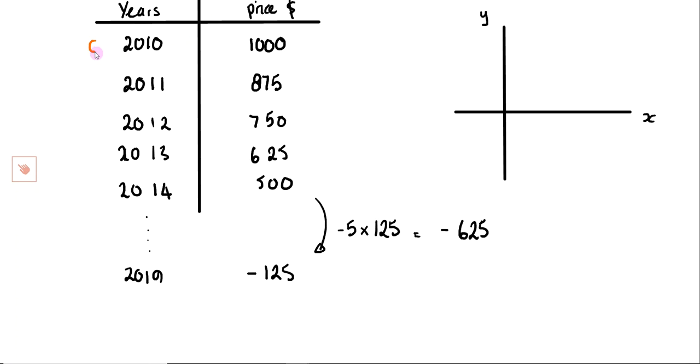We could also treat this as 0, as long as we labelled it as the years after 2010. We could then say 0, 1, 2, 3, 4. Now that's important actually because of writing the equation.